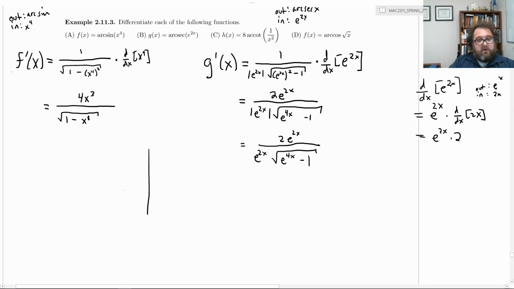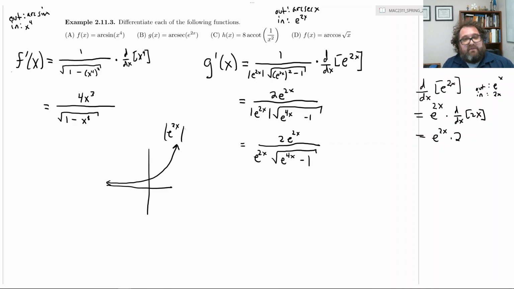E to the 2x, think about the graph. I've shown you this before. The graph of e to the 2x, or really any e to the ax, looks like this, as long as a is positive. It never goes below the x-axis. In other words, the absolute value of e to the 2x is the exact same thing. It doesn't do anything because the function is already positive everywhere.